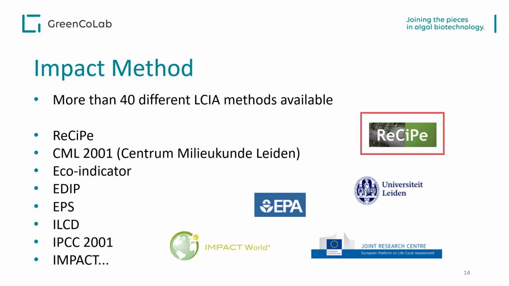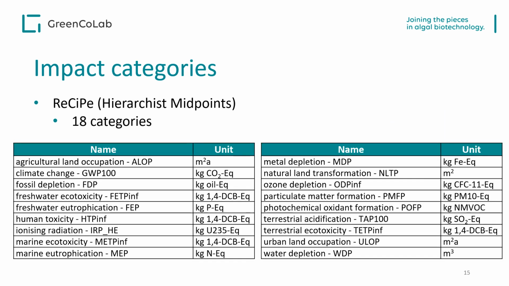Usually we use ReCiPe, one of the most famous, and for example, it has 18 categories, including agricultural land occupation, climate change, freshwater, marine and terrestrial toxicity, fossil depletion, and many others.